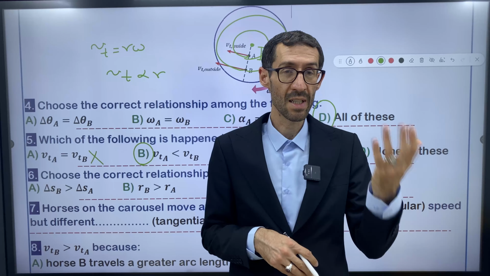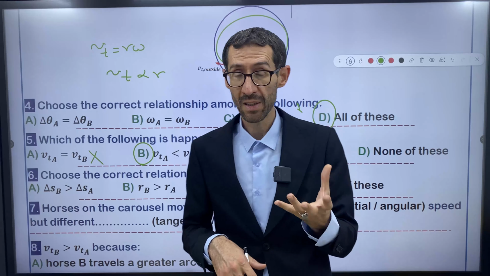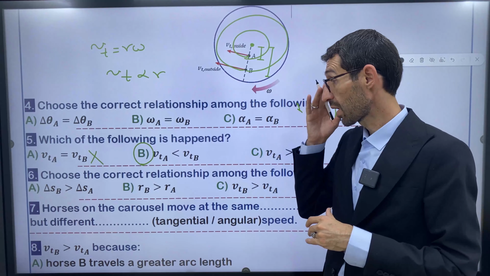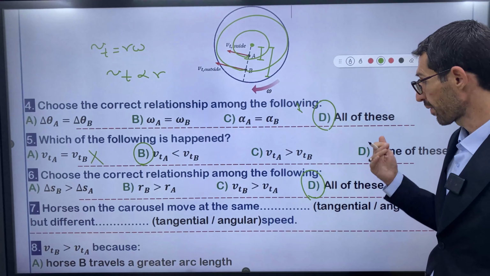For each point, there's its own, for example, arc length. That's why tangential information or linear information are different from one another.